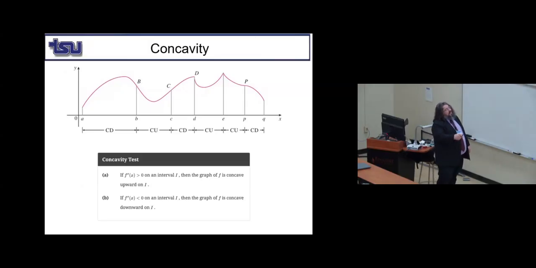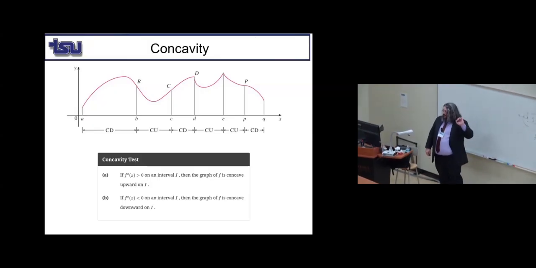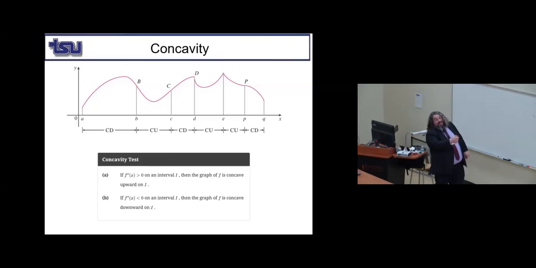And the point is that the second derivative will be negative on all these concave down intervals and positive on all the concave up intervals. The points where it switches between, those are known as inflection points. They're usually really difficult to identify just on a graph. But in this case, it's very kindly labeled for us.